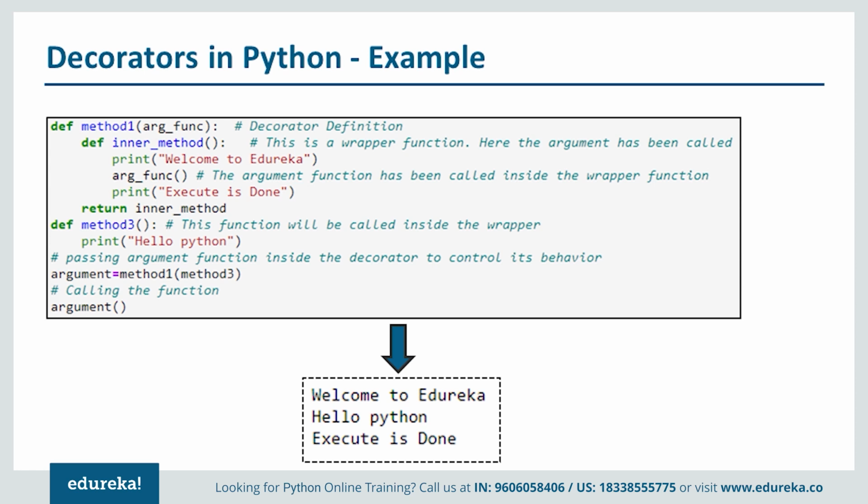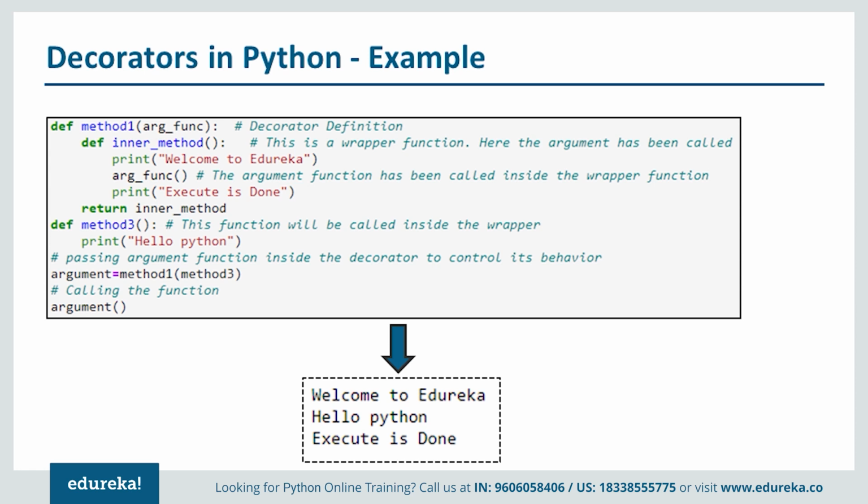So between welcome to Edureka and execute is done, we run a function which is passed as an argument. You can see that method 1 is being given an argument called function. So you can not only give keywords, strings, integers or actual values, you can also pass functions here.